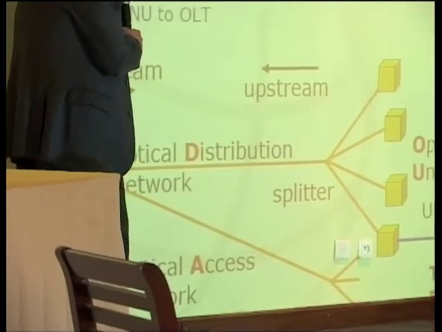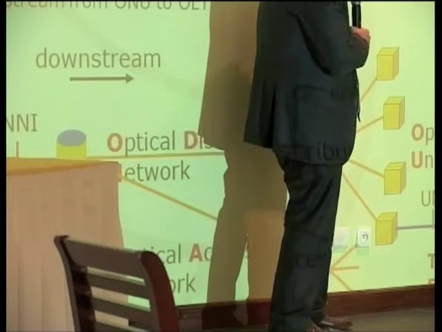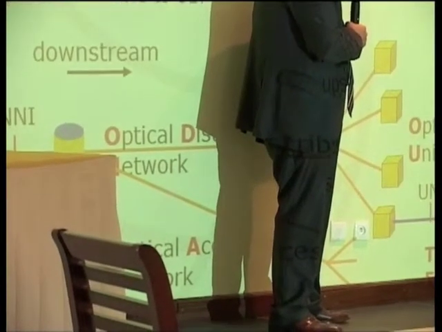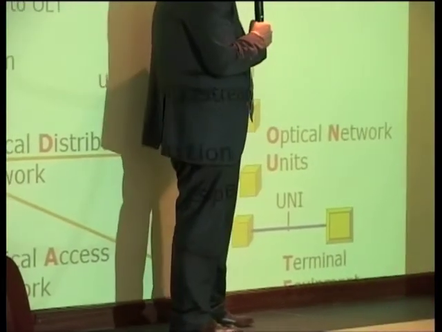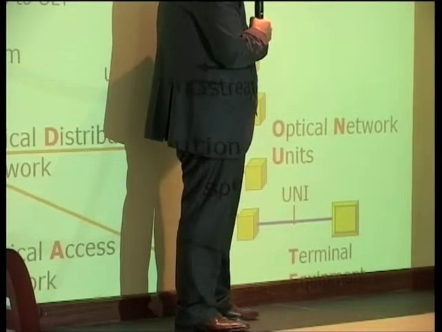From the OLT, we have a single fiber, which is leaving the central office and is split somewhere and reaches the optical network termination, which is called optical network unit, or ONU.